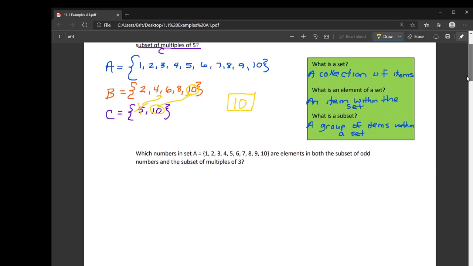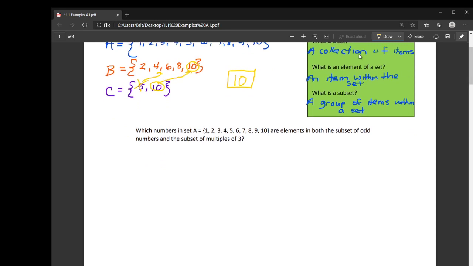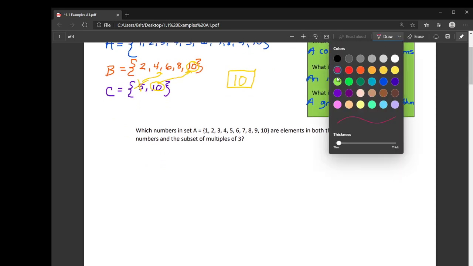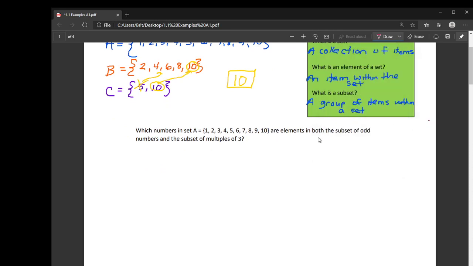Let's go ahead and try another one. So it says, which numbers in set A, and notice they wrote out the set for us, so we don't have to worry about the set, are in both the subset of odd numbers and the subset of multiples of 3. So I'm going to call this subset of odd numbers set B. Okay, and I'm going to create my little curly brackets.